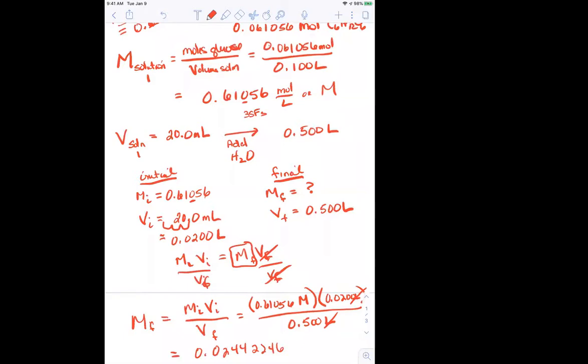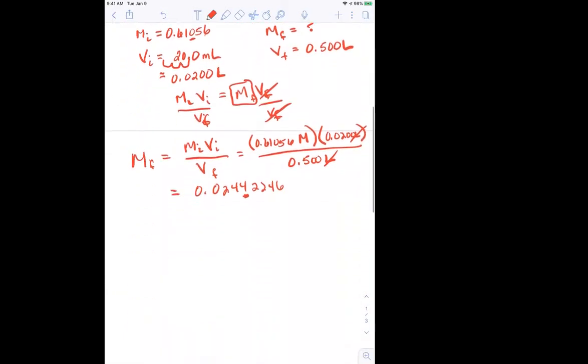And I'm going to go to 3 sig figs with that as well. Now that's not the answer, because it says how many grams of glucose, C6H12O6, do I have in 100 milliliters of this final solution.